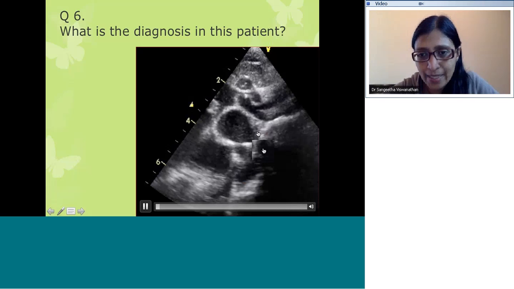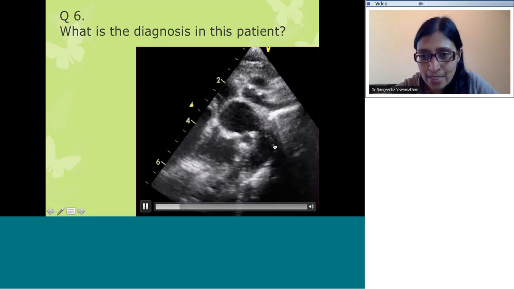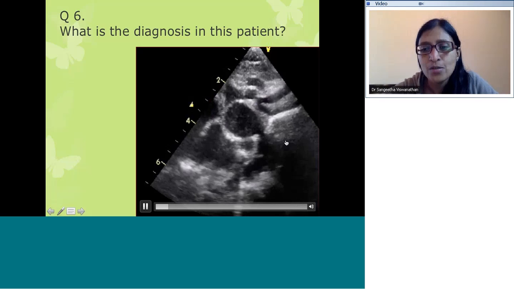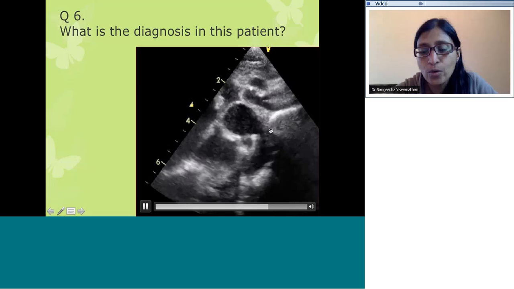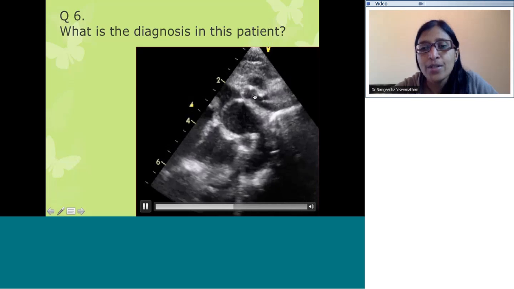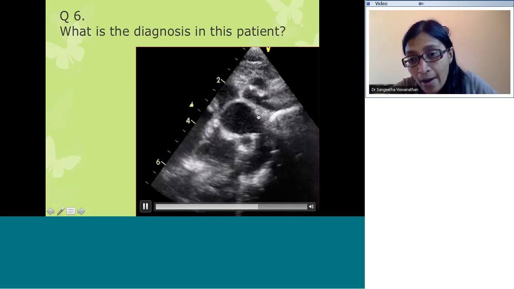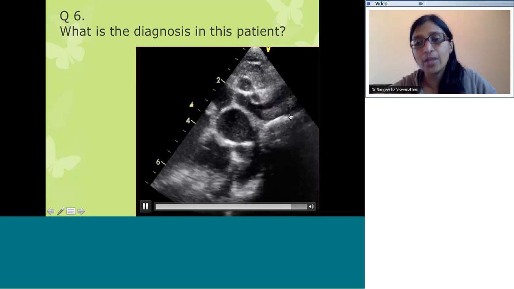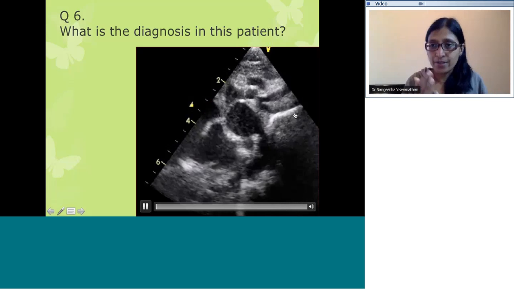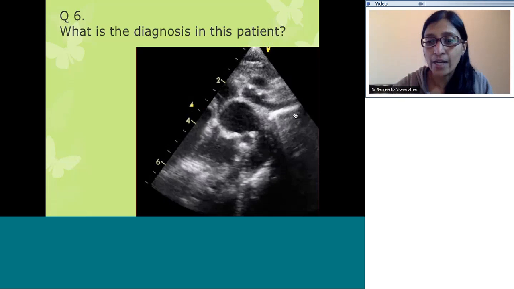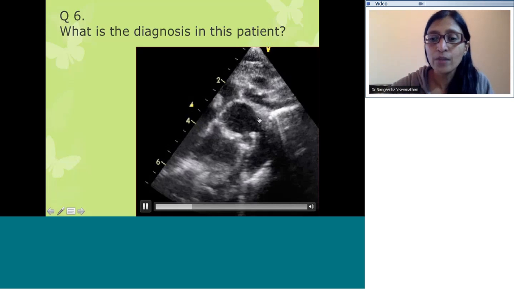This is the PDA. This is the pulmonary artery. This is the descending aorta. So what you see is that there is no aortic continuation. The ascending aorta and arch end abruptly. So that kind of V-shaped appearance, taking off the head and neck vessels, is very typical of interruption.